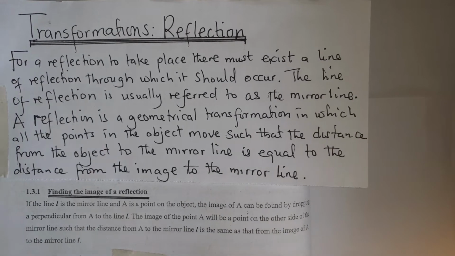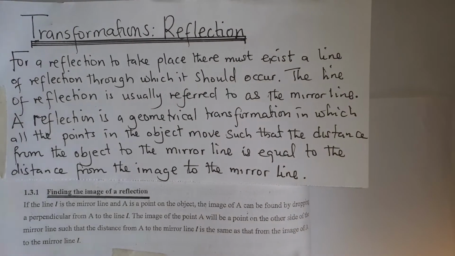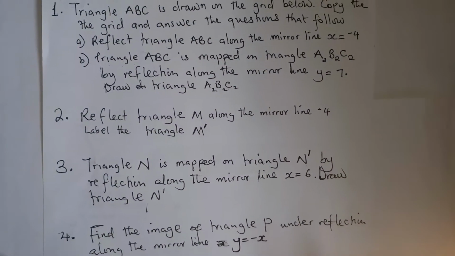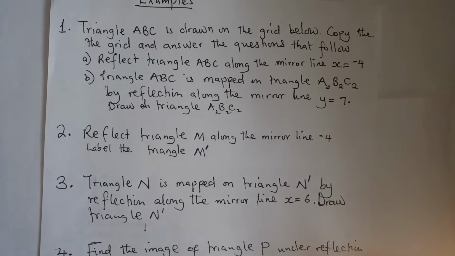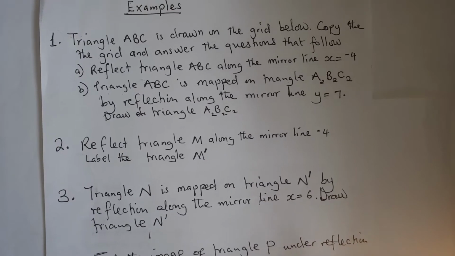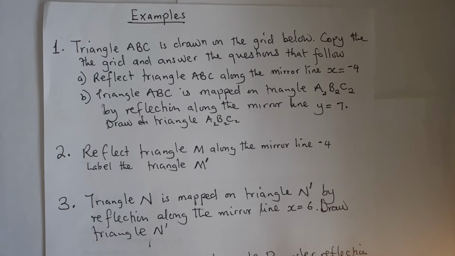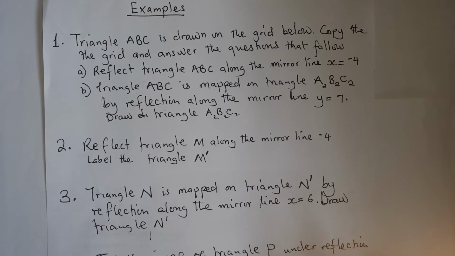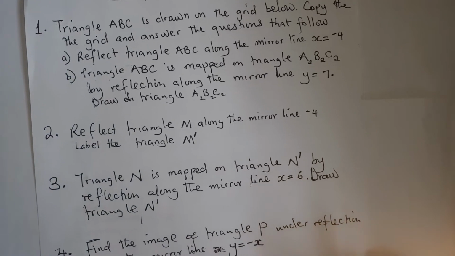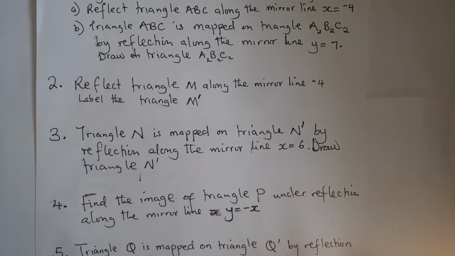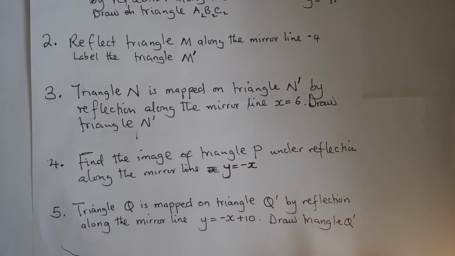All right, so let's look at the example. I hope you've copied these notes that I just showed you here. You need to write down these notes, and then from the notes, copy this example in full. Pause the video and copy this example in full, everything up to question 5.